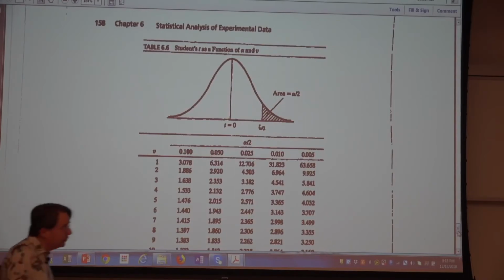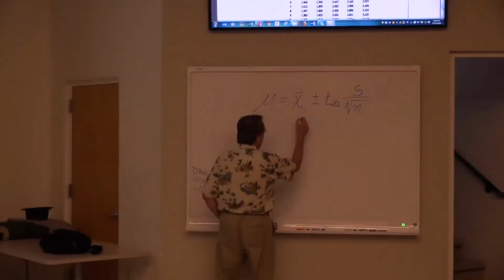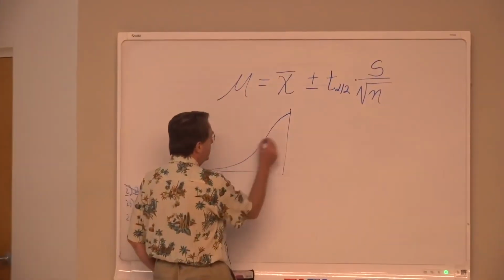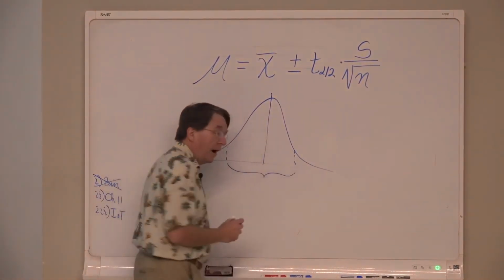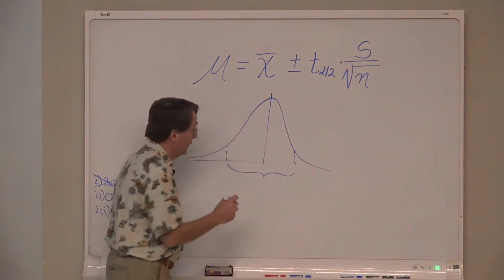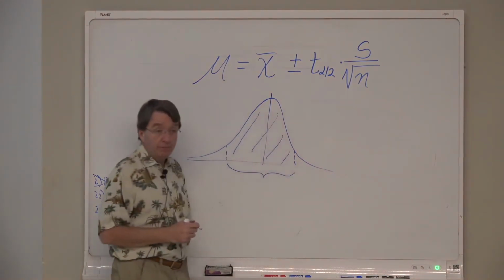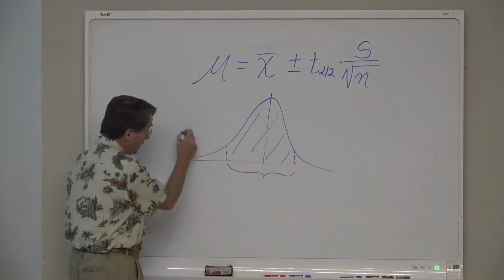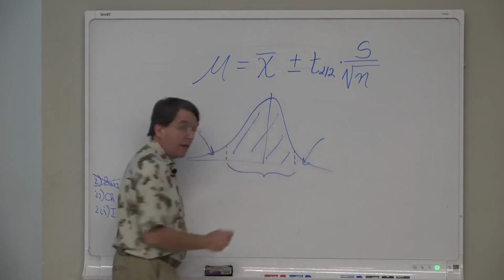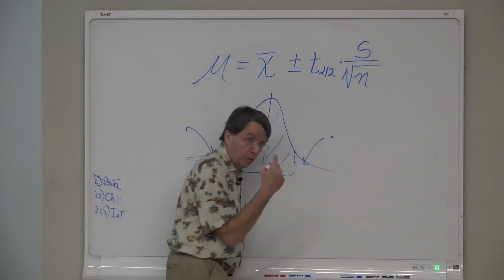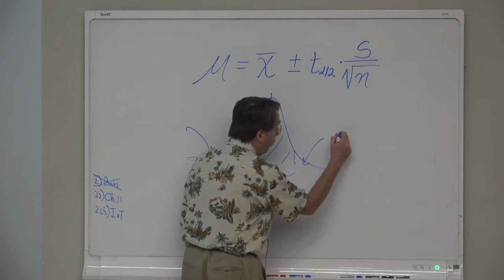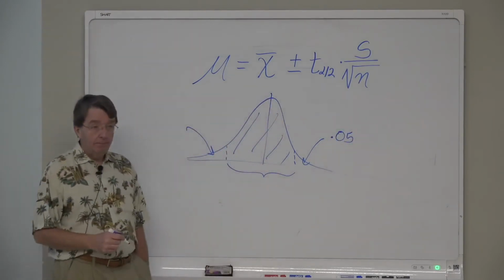Now, if I go over here to the board and I draw the student t distribution, and I pick 2 points and say, okay, if I want 90% confidence, this area has to be 90%. That means the tails here and here together make 0.1. That means one-sided tables, which is what we have, the tail would be not 0.1, but 0.05.